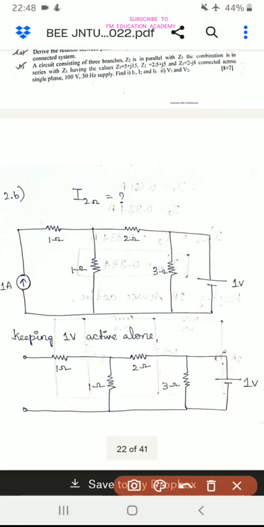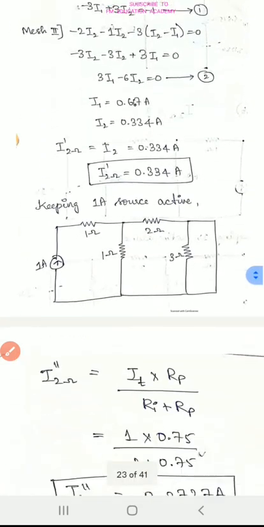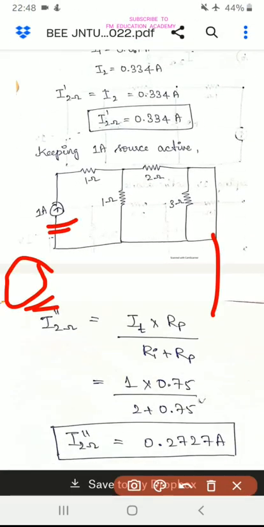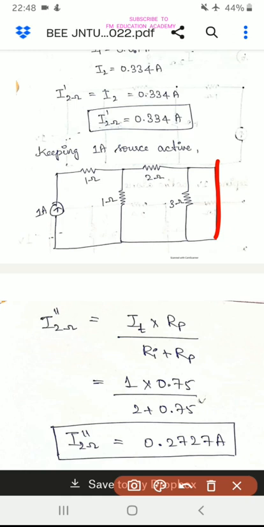Remember, first we kept the 1 volt source active and opened the current source. Now we'll short this 1 volt and keep this 1 ampere active. Remember, voltage sources are always shorted and current sources are always open circuited.